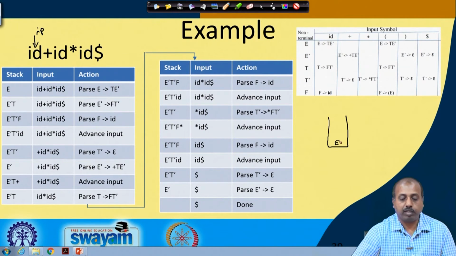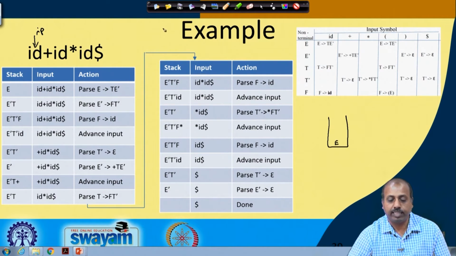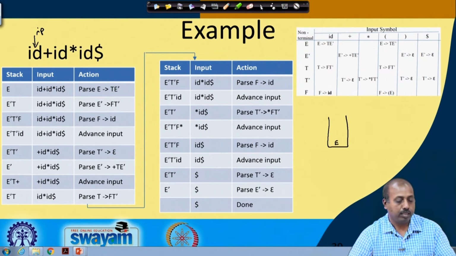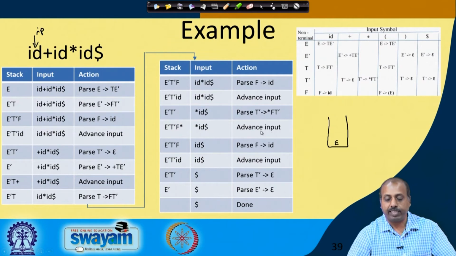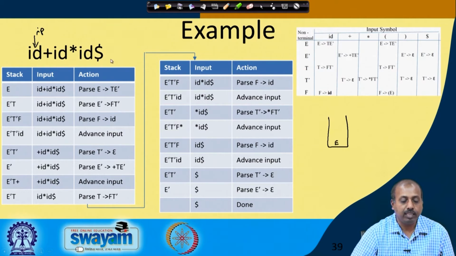As per our rule, we have to check if x is a terminal. In this case, x is not a terminal because the top of the stack contains E, which is a non-terminal. So, we have to see the corresponding entry in the table M[X,a], that is M[E,id].